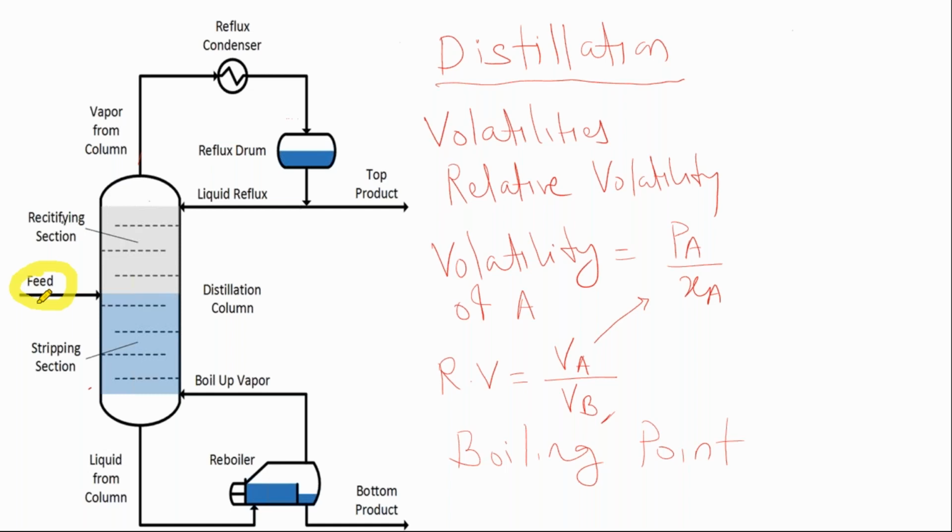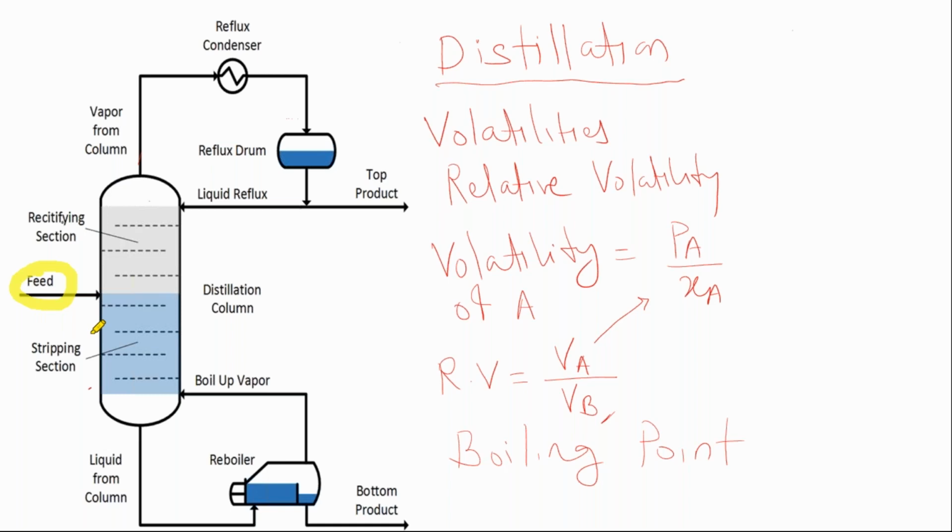The volatility of benzene is more than toluene. So at the lower temperature, near about 80 degrees Celsius, the benzene is going to evaporate. And only after reaching near about 110 degrees Celsius can the toluene be evaporated.